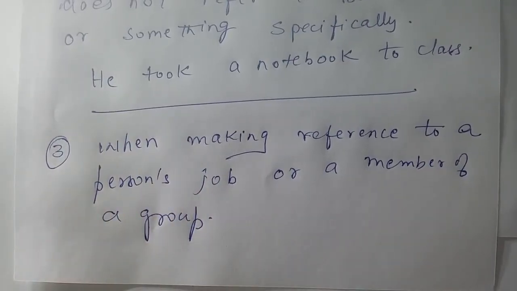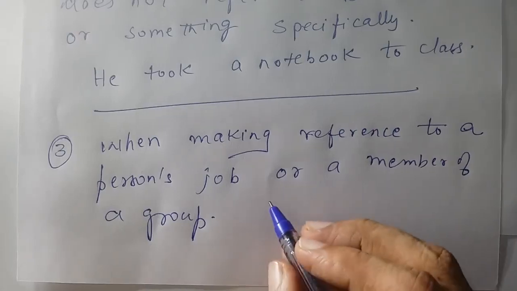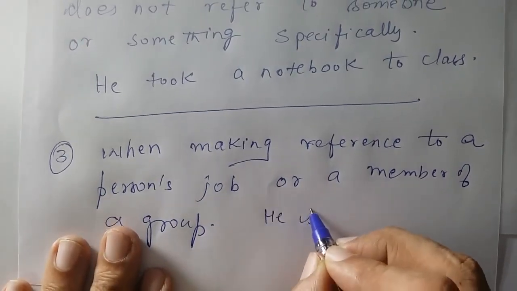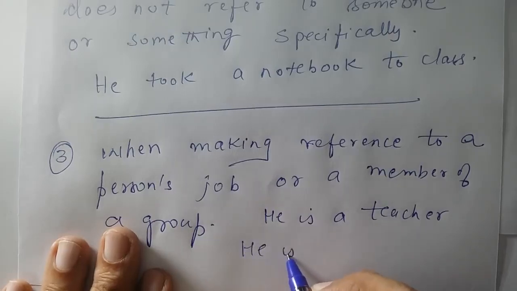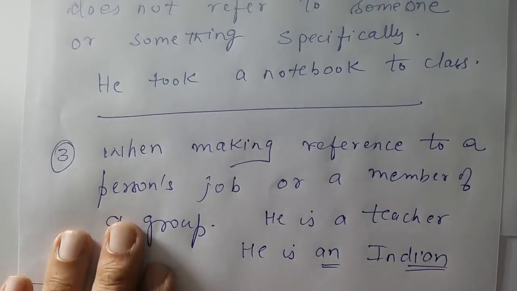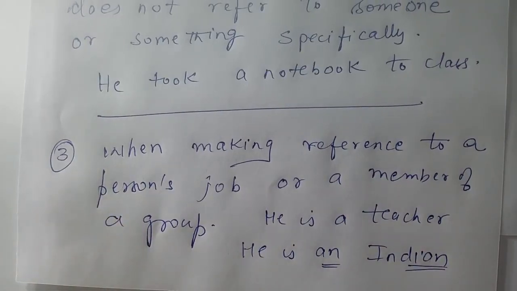Now examples, you have to give me, think about the example and just produce the example here. Just give the example to me fast, please. We have to refer to the job here. He is a teacher. I told in my previous video that he is an Indian. So these are the things on which we have to work.